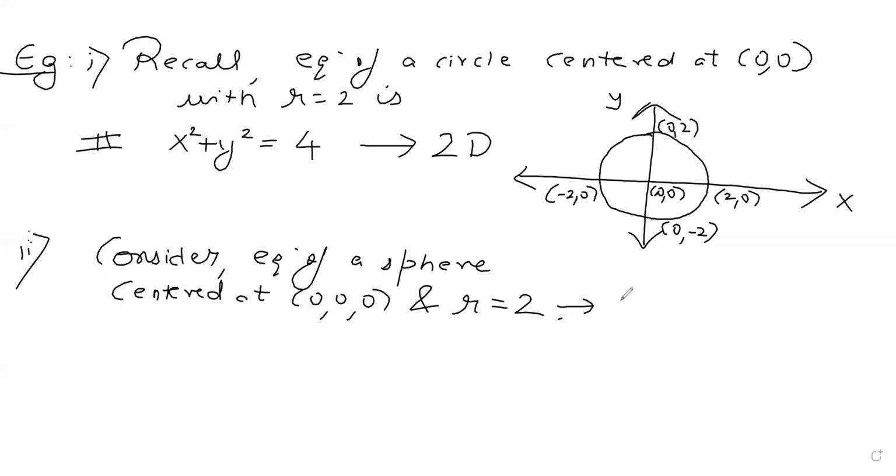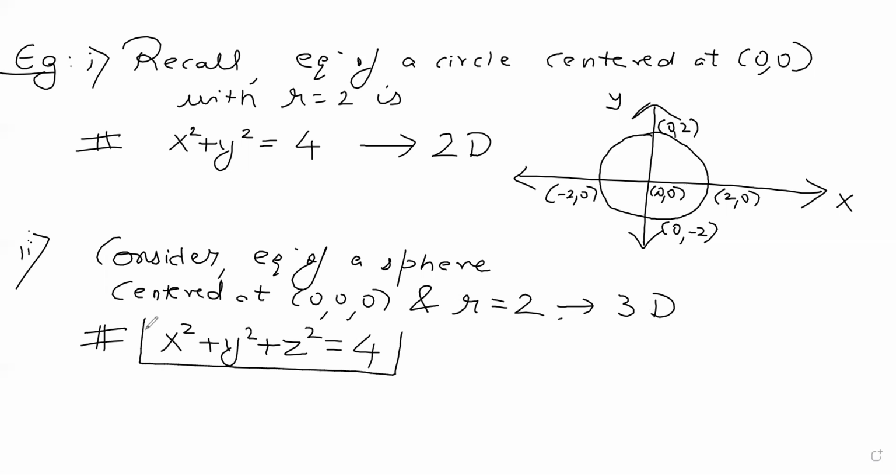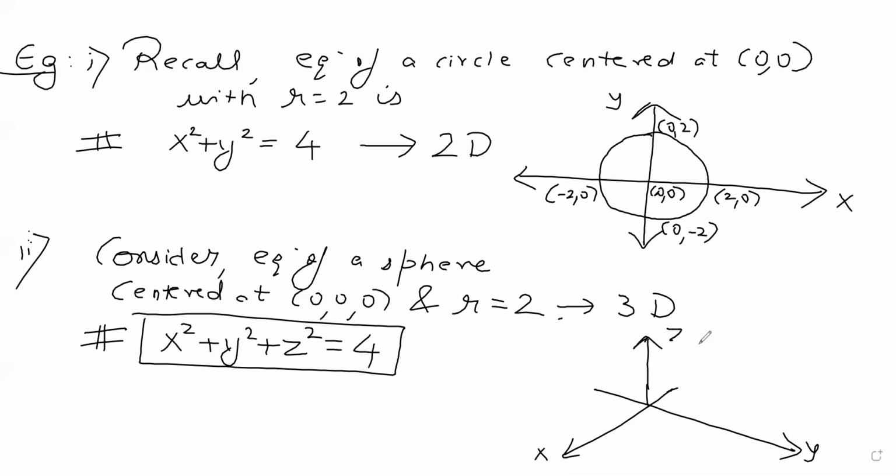This is now going to be 3-dimensional. The equation will be x square plus y square plus z square equal to 4. And if I plot it, how is it going to look like? X-axis, y-axis, z-axis. This is my origin 0, 0, 0.